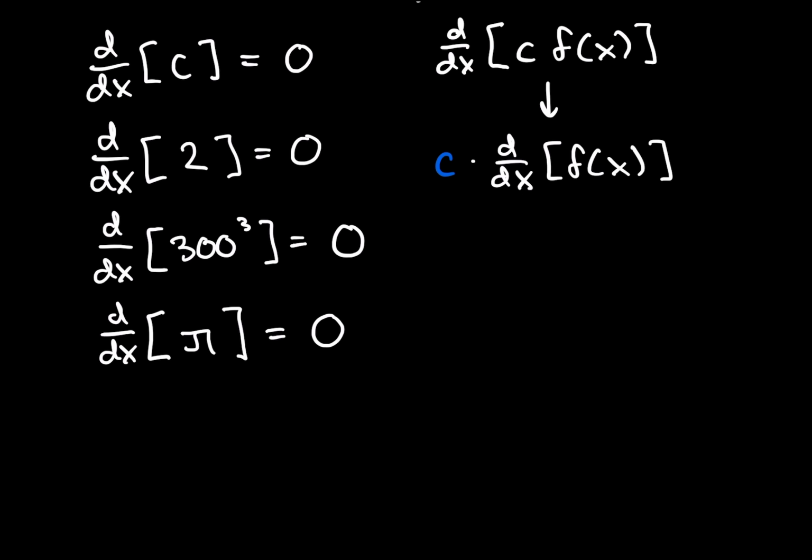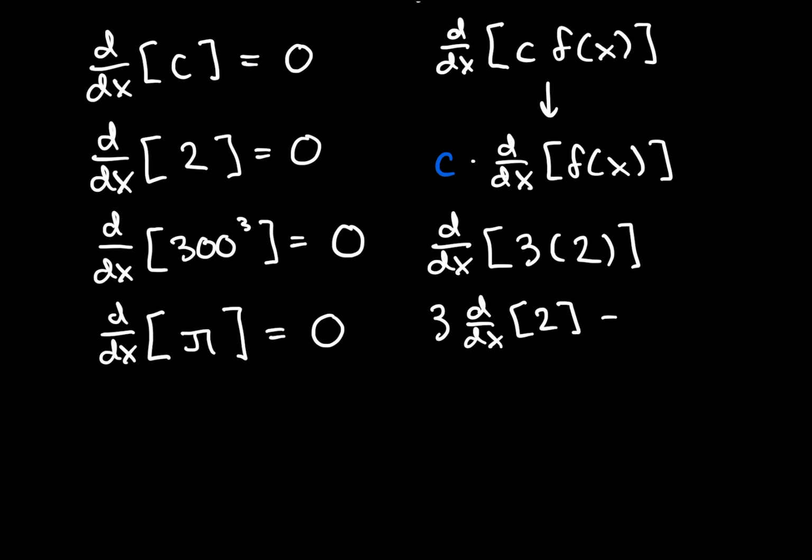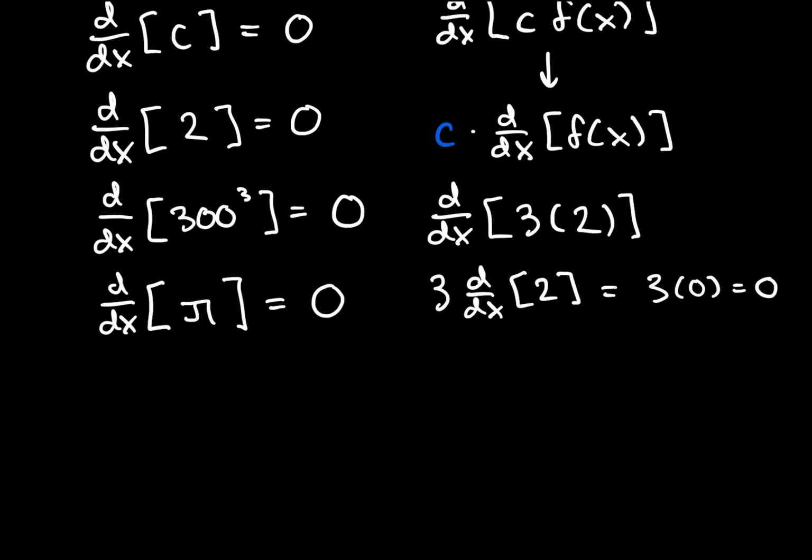And by the way, this d over dx part is just to denote the fact that we are taking a derivative. So, an example of this, say that we have to find the derivative of, let's say, 3 times 2. We could move that 3 out in front. However, as we've seen before, this will still just equal 0, as 3 times 0 is 0.